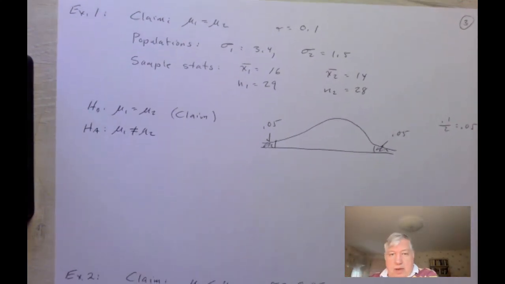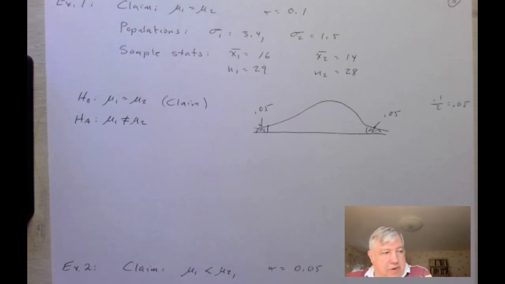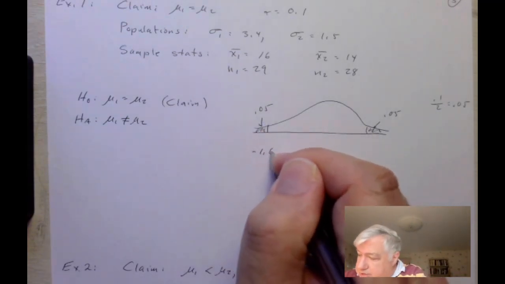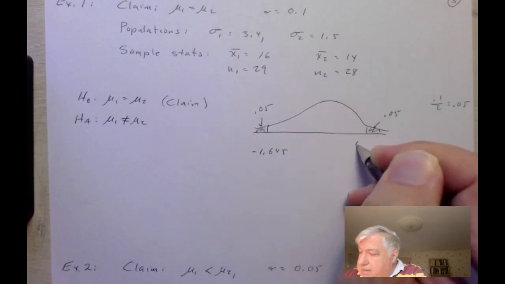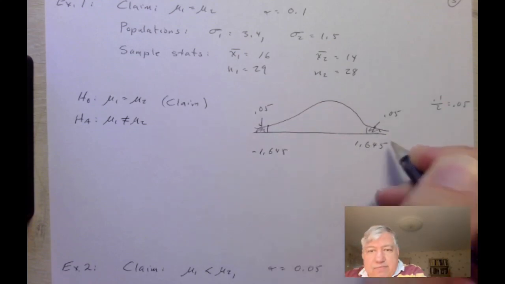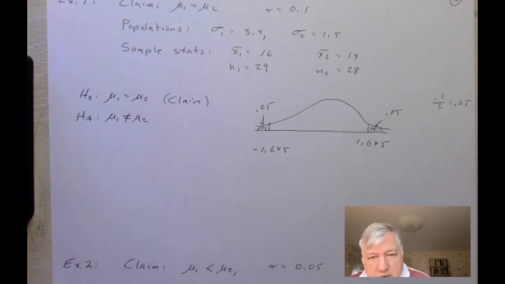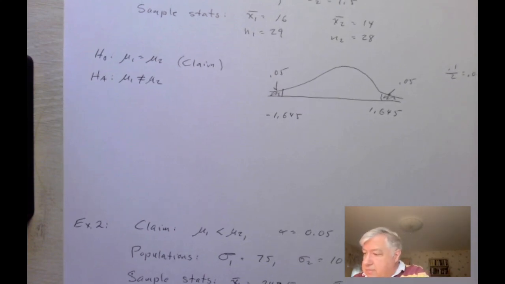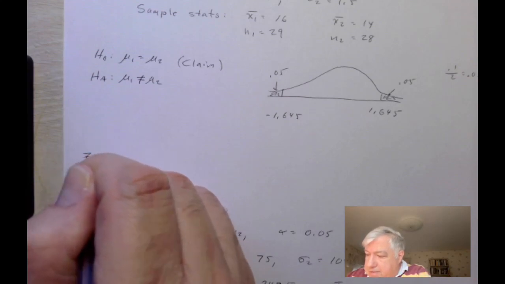We've sort of memorized this by now, but we can take the inverse norm of 0.05, and we get negative 1.645, and this would be positive 1.645. So these will be our rejection regions, the critical values.